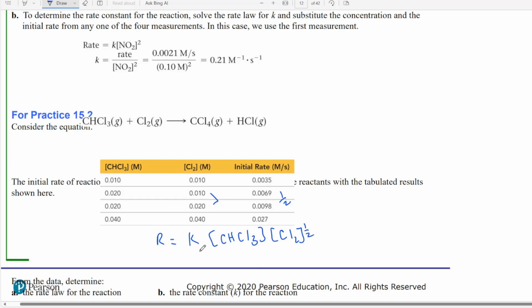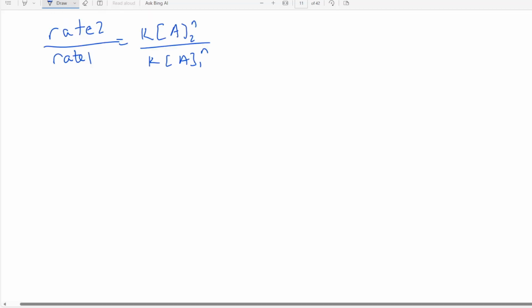Now, in order to verify the rate law that we determined by observation, we'll do the calculation to see if it is indeed correct. So our formula is the rate at point 2 over the rate at point 1 is equal to the rate law at point 2 over the rate law at point 1. So we have the concentration of the species at point 2 divided by the concentration of that species at point 1.